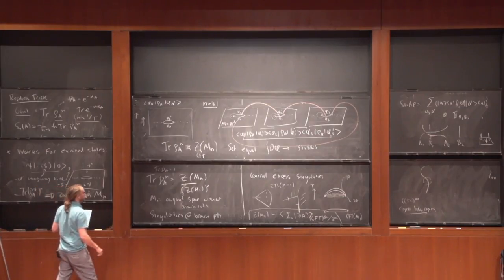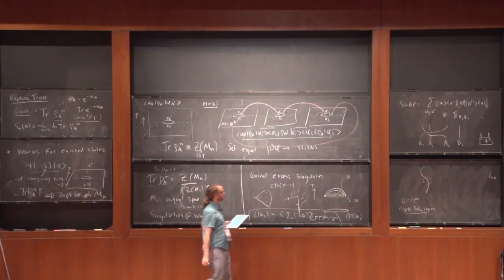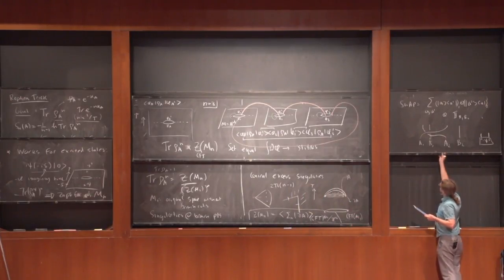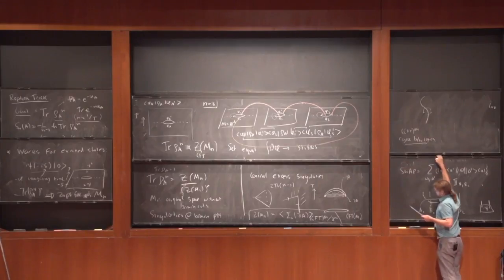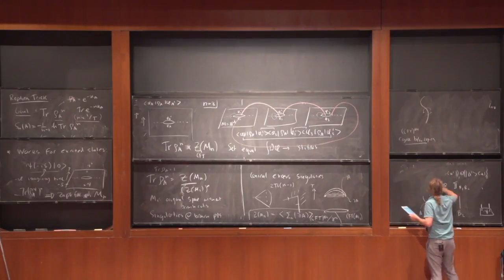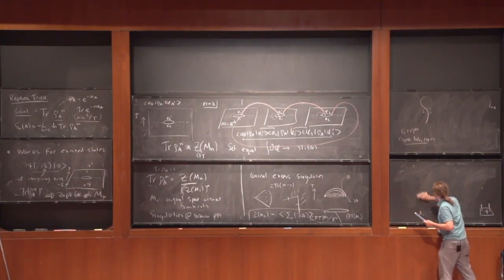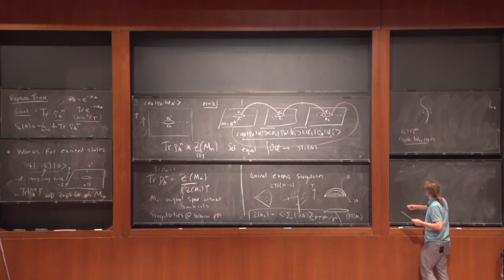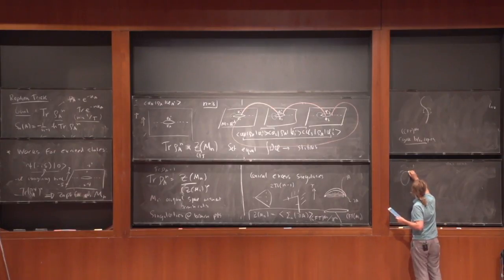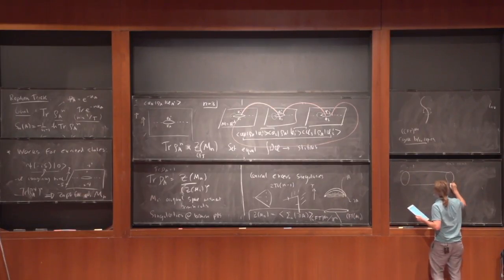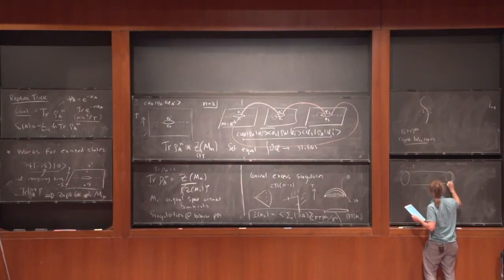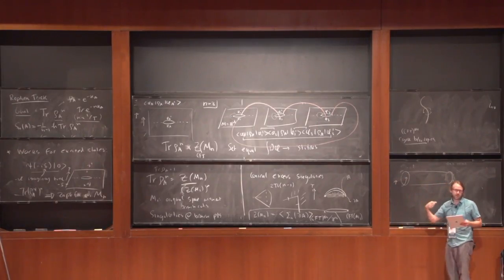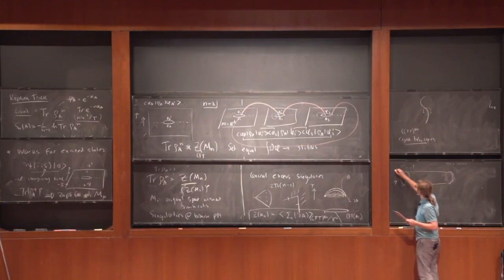Another thing you can do is look at a thermal state. A thermal state in the Euclidean path integral you get by, instead of doing a path integral on the plane, doing a path integral on the cylinder. So here's a cylinder. This is still the Euclidean time direction, but now you make it periodic, and the periodicity is beta.